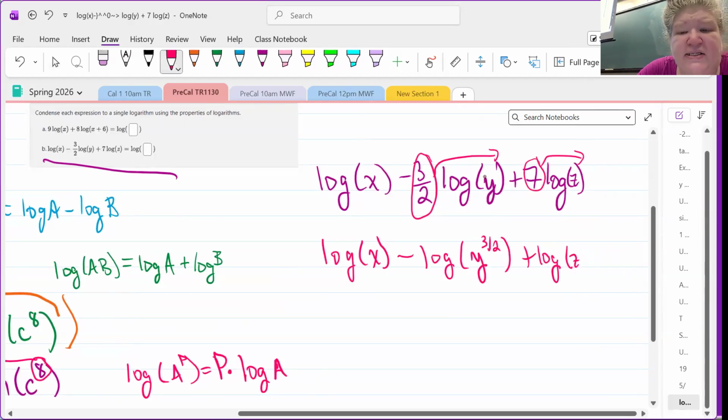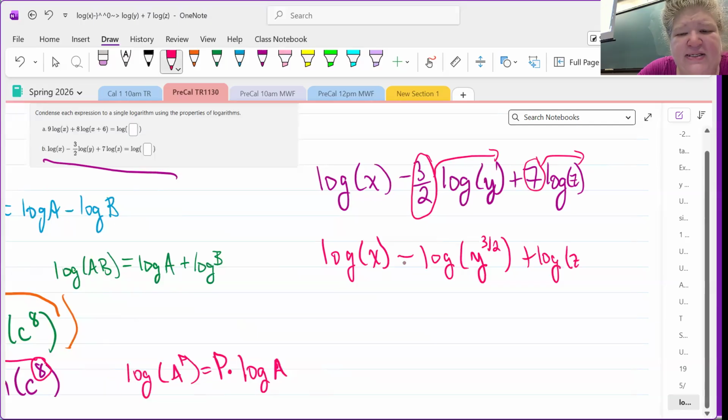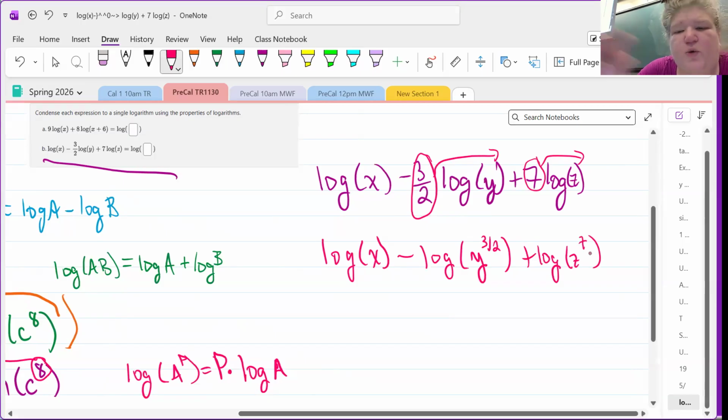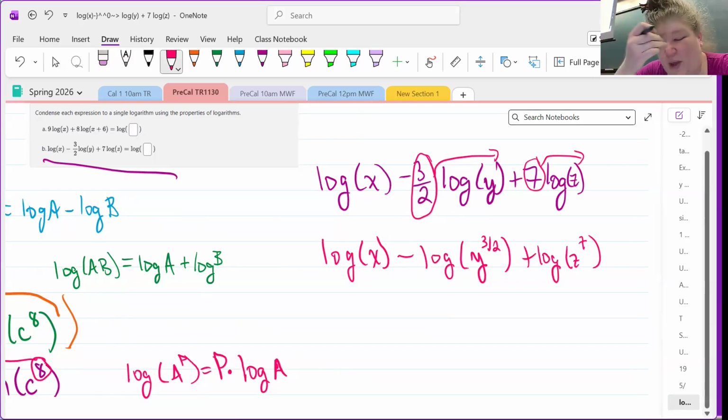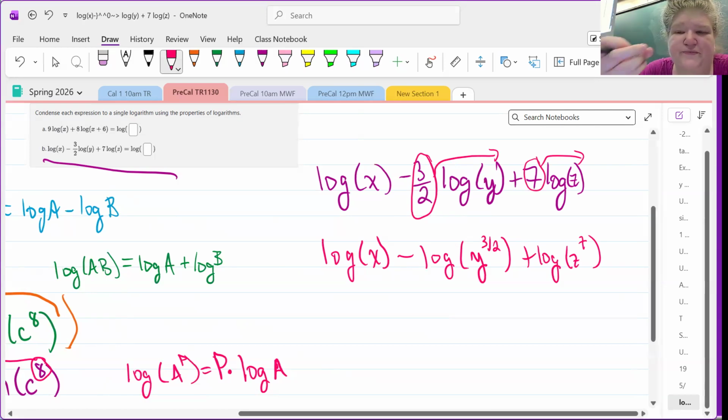I could write it as y to the negative 3/2. I'd just then have a plus in front here instead of a minus. So both ways will work. I just usually leave the minus sign because that's usually the way WeBWorK wants the final answer. But mathematically, they're totally equivalent.